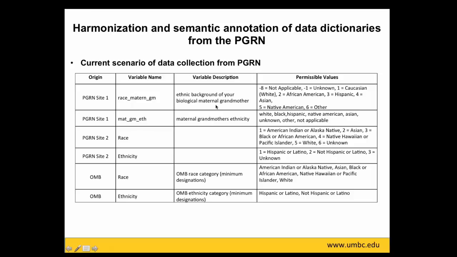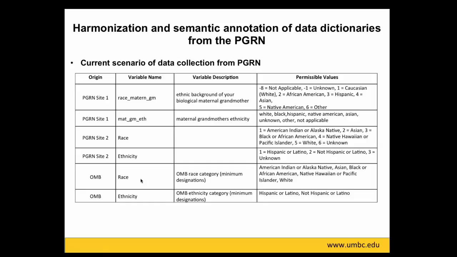They use different variable names or descriptions, and even different values to represent the same attribute, compared to the standards that should be followed by the OMB. This is a problem that hinders data reuse and data sharing across the different PGRN sites.